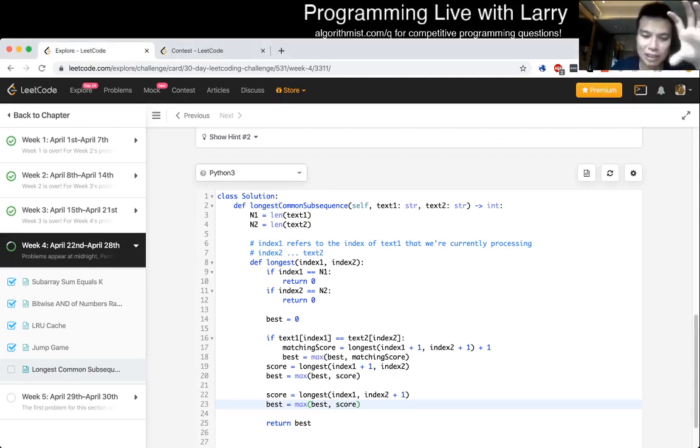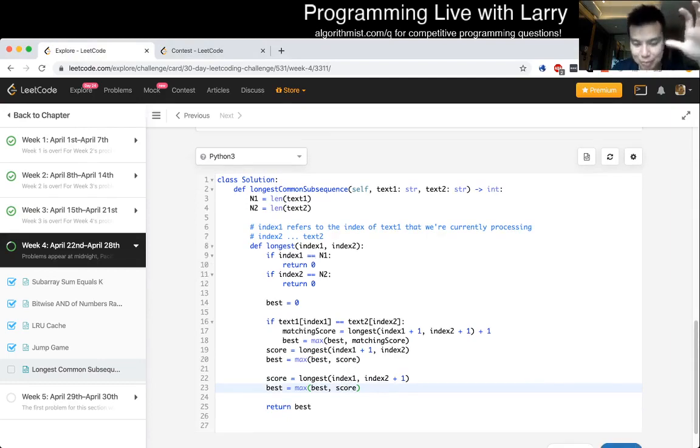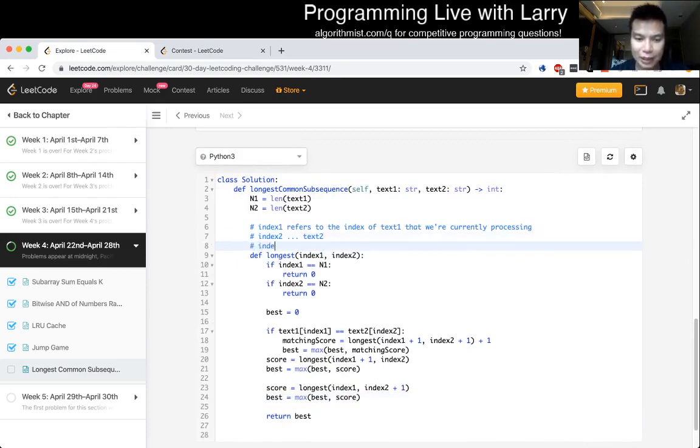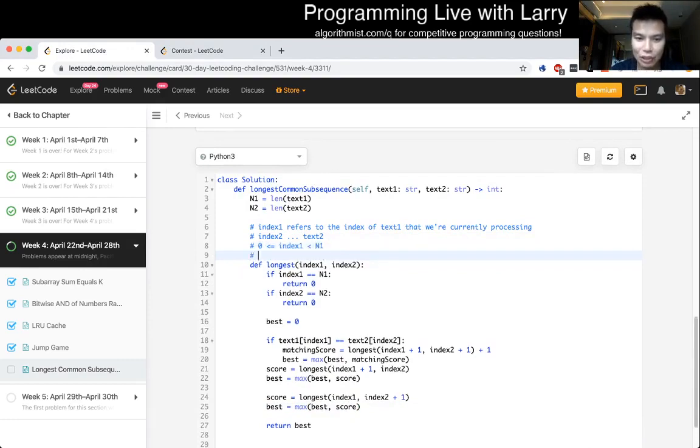One thing to notice from this function is the bounds for index 1. Index 1 is always going to be between 0 and n1, and index 2 is going to be between 0 and n2.